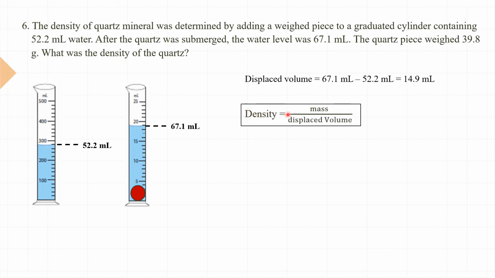So density is mass divided by displaced volume. The mass is 39.8 grams and the displaced volume is 14.9 milliliters. Then the density of the quartz mineral is 2.67 grams per milliliter.